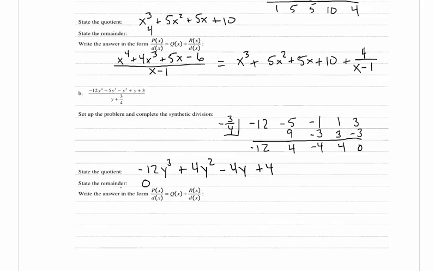And now they want us to write our answer in the form of p of x over d of x is equal to q of x plus r of x divided by d of x.